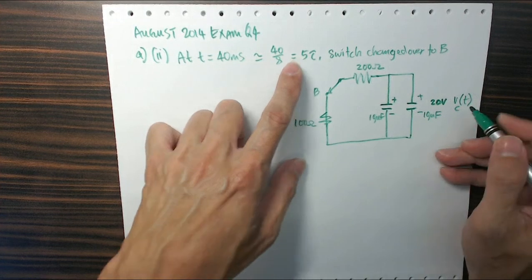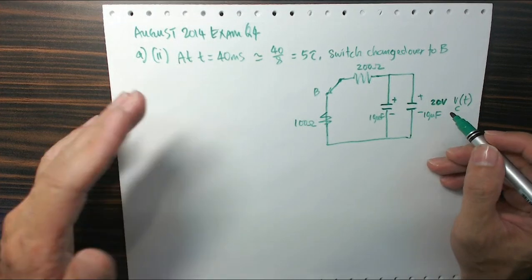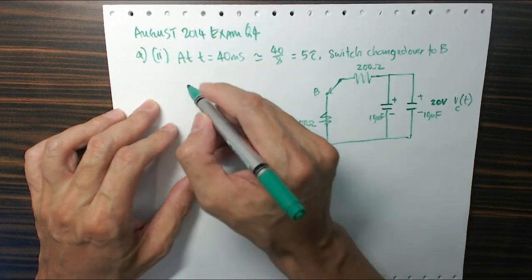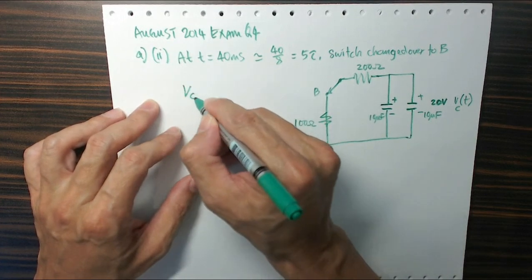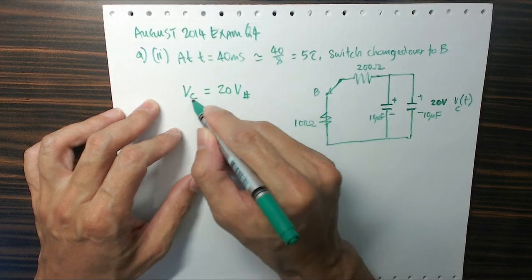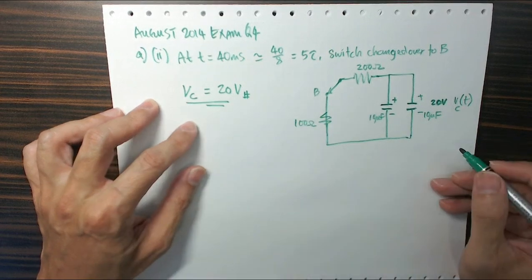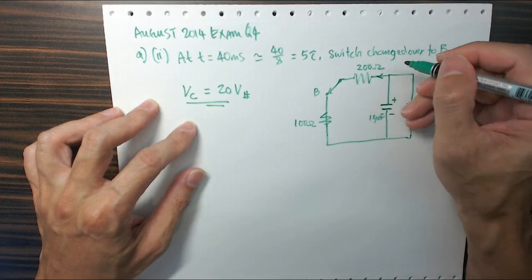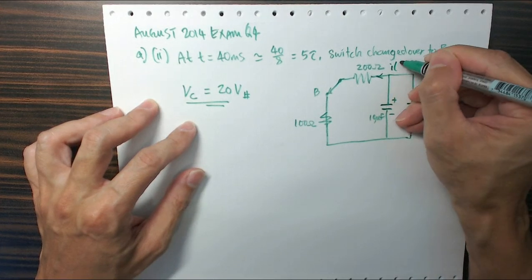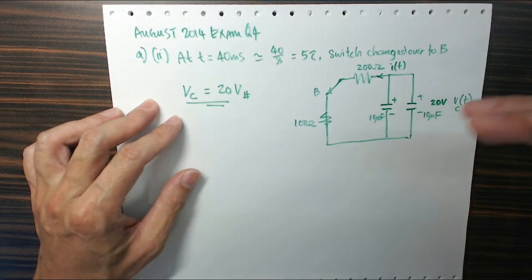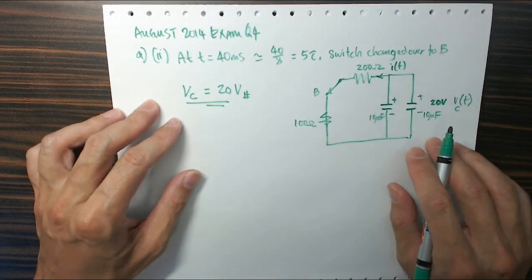So at that moment when the switch was switched over, the voltage will be 20 volts. But this time the capacitors discharge this way, and the voltage begins to discharge through these two resistors.